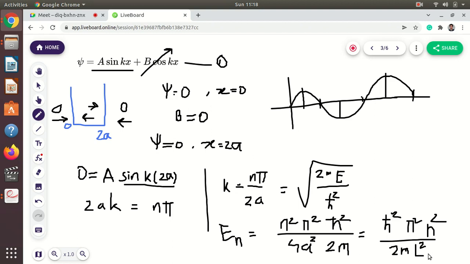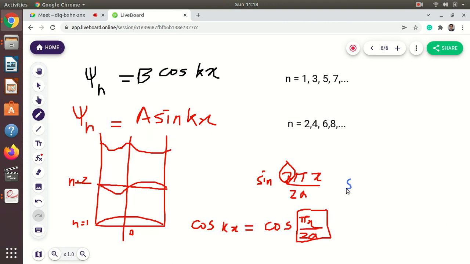But here also you will get the same energy value, n square pi square h cross square upon 8 m a square. Okay, you are getting the same value. The wave function is sine n pi x upon 2a, and for the asymmetric type of well all the wave functions are sine.